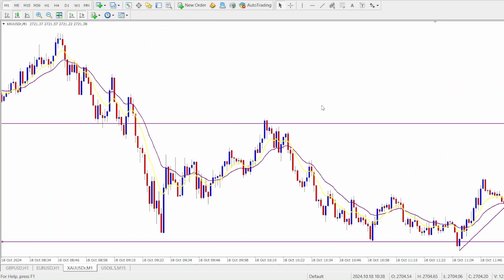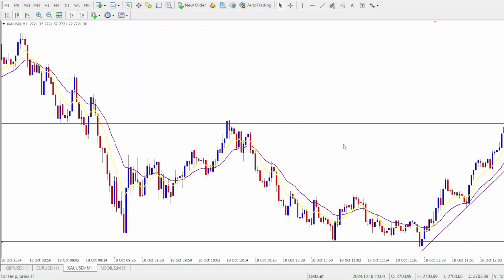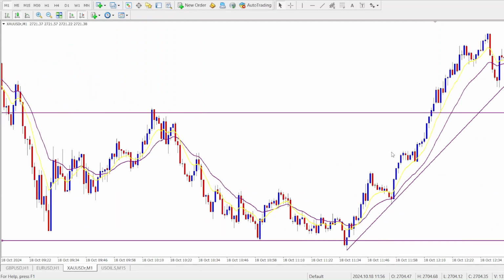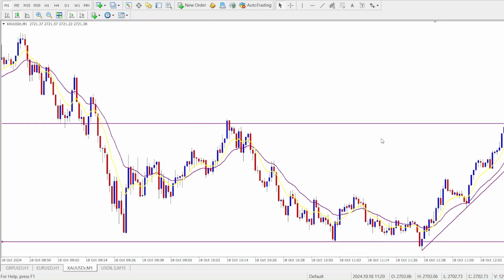This is for scalpers. Moving averages help identify trends, provide entry and exit signals, and can improve decision making in fast-paced markets. You might want to practice using these strategies on a demo account to gain confidence before applying them to live trading.